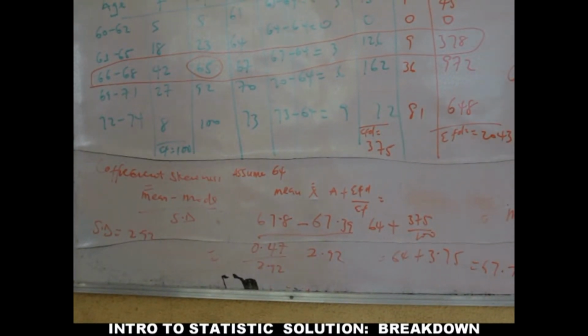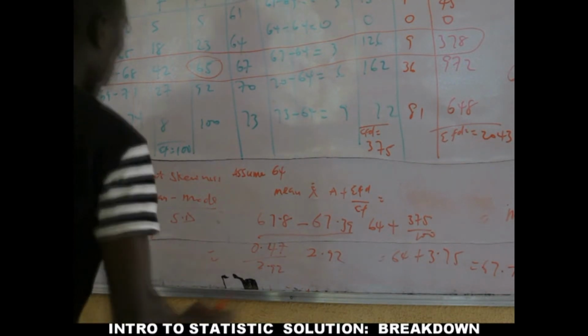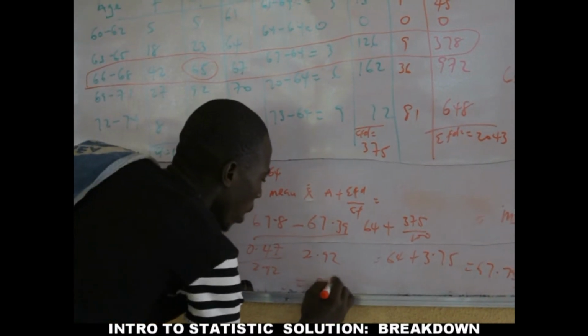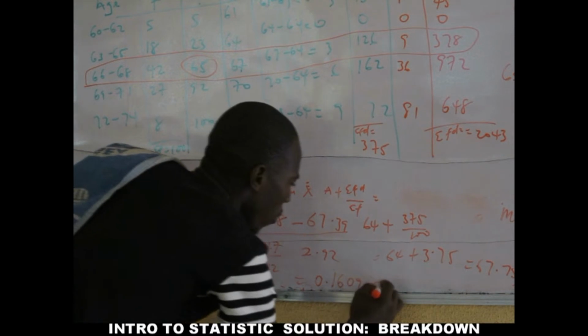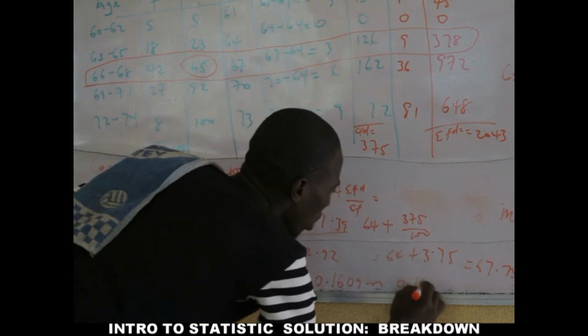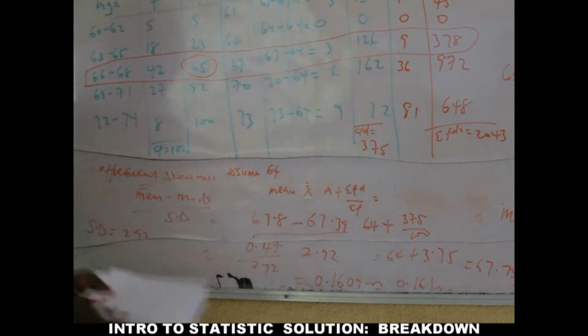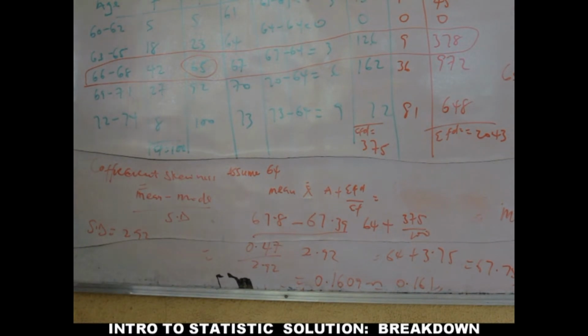We have 0.1609. If you approximate, 0.161, that is the answer for that.